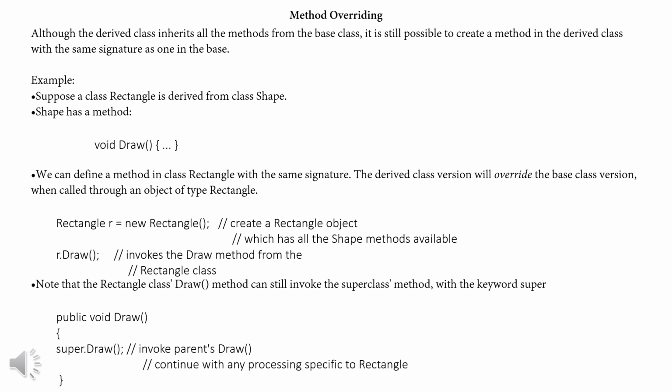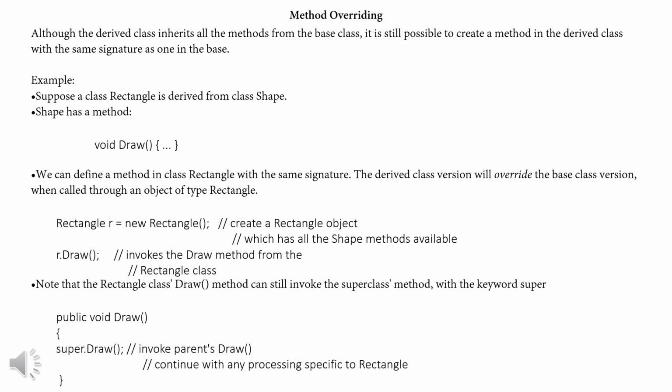The point here is that we can define a method with the same signature as draw in class rectangle, and then by creating an object from this class, we can call the draw method that exists inside the class rectangle.